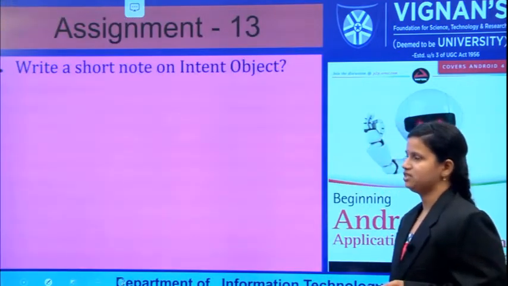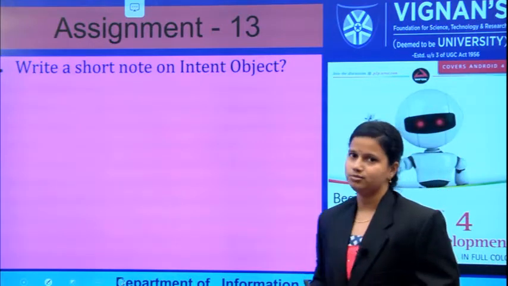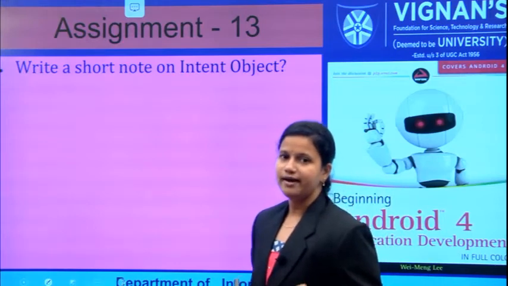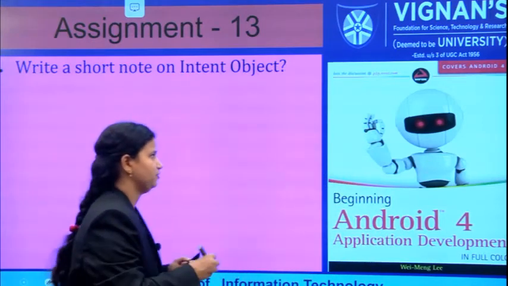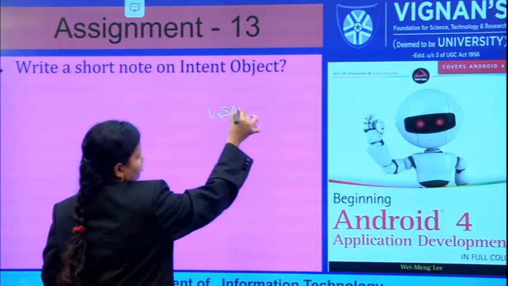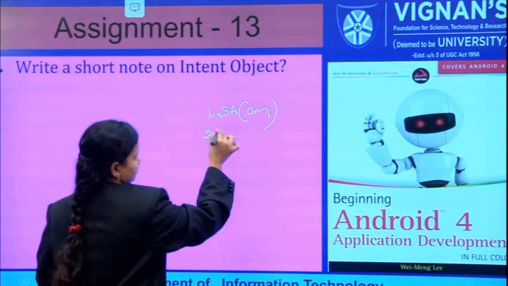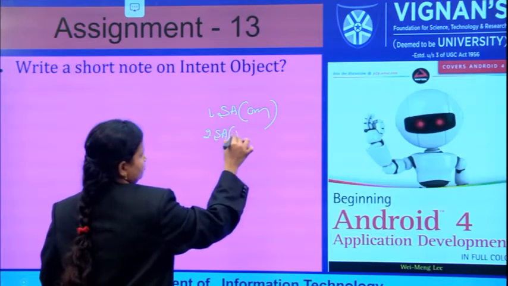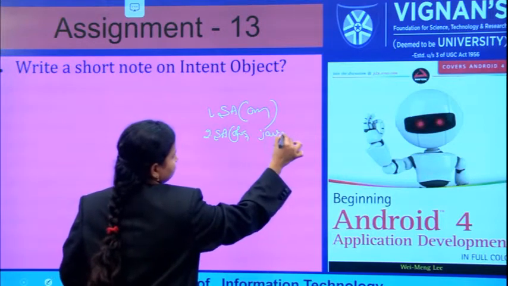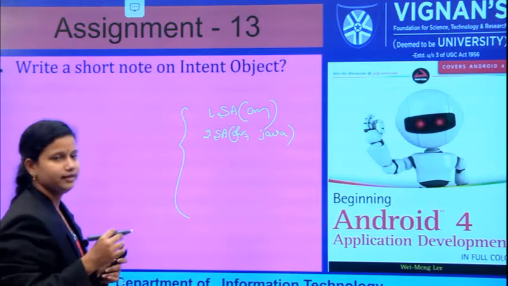The assignment question for this topic: write a short note on intent objects. Up to now we have learned 5 different ways. What are the 5 different ways? The first one is startActivity with a component name. Another is startActivity with this comma Java class name. There are 5 different ways to understand the intent object.